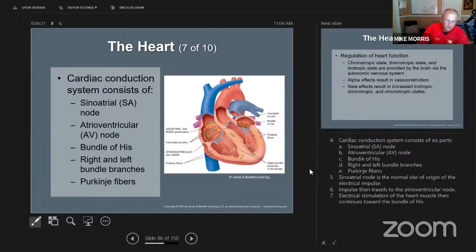So you have somebody controlling the electrical impulses, somebody controlling the actual contraction of the ventricle, and then somebody controlling how strong that contraction is going to be. That's what those definitions are talking about.